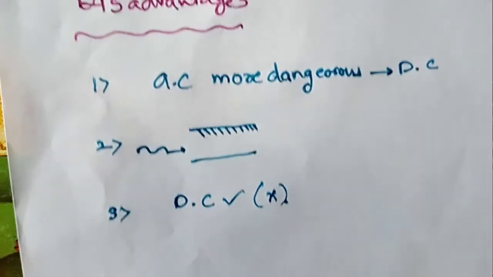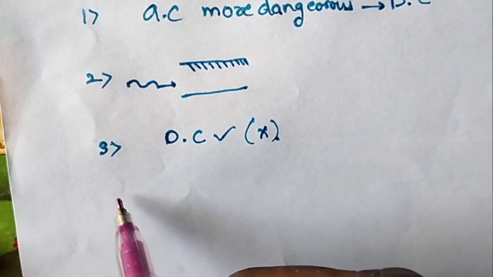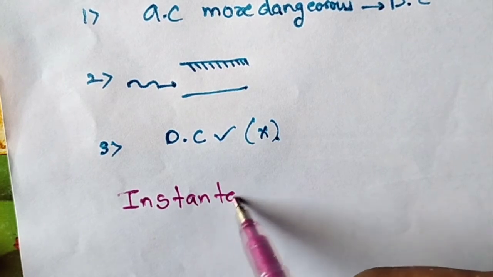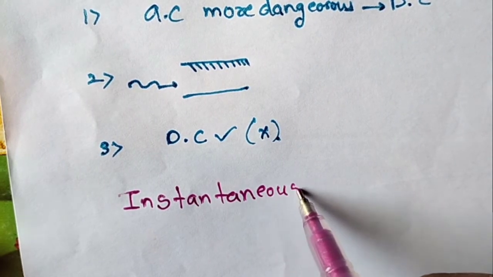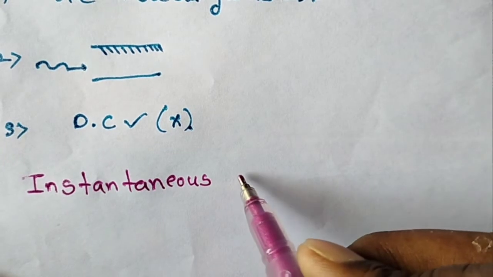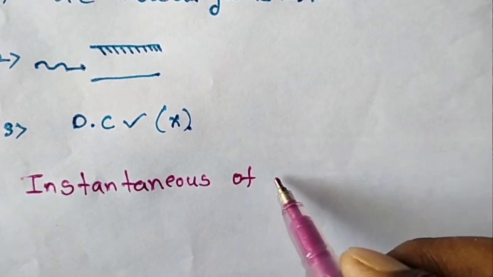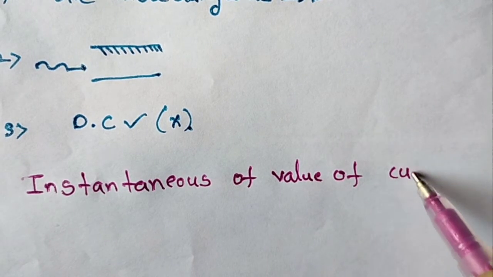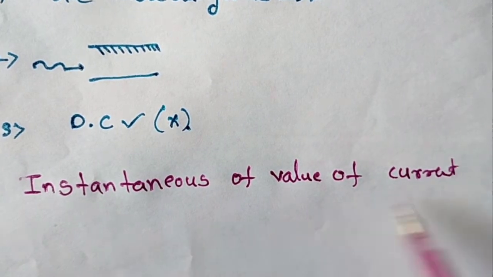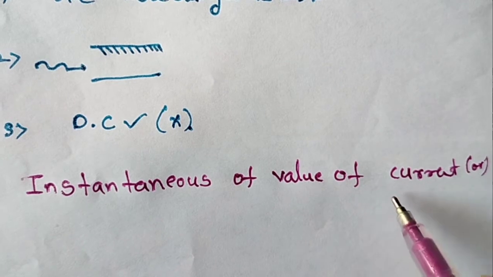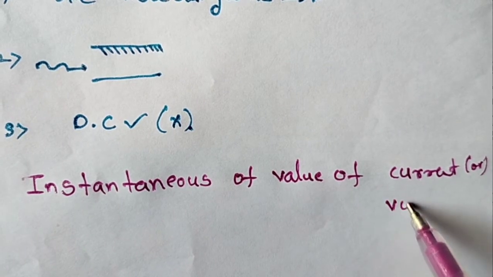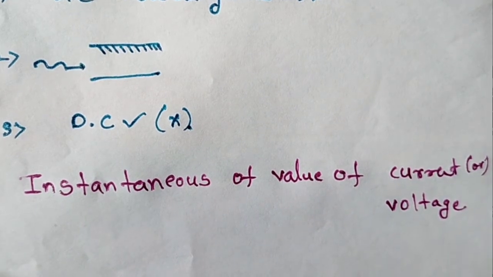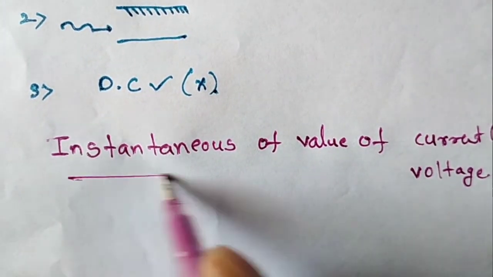So these are all disadvantages. Next one, instantaneous value of current or voltage. Instantaneous current or instantaneous voltage.